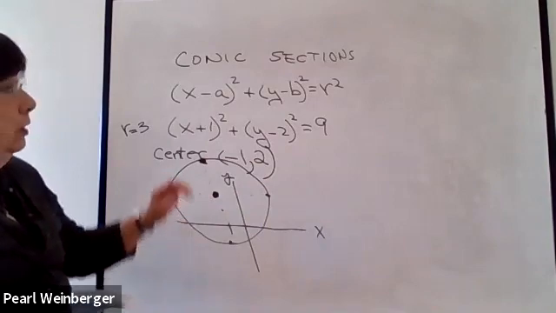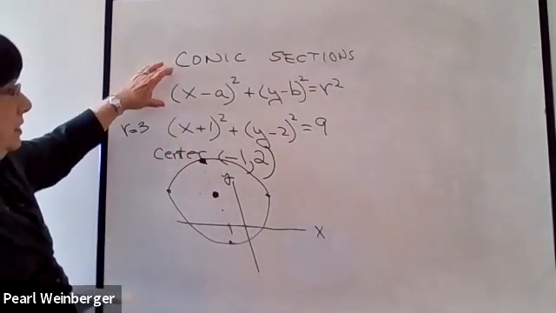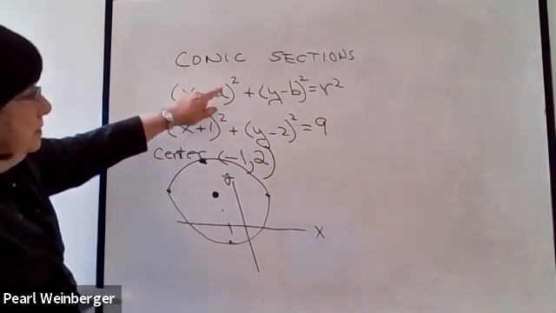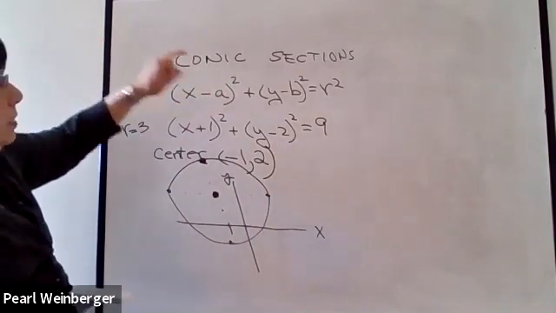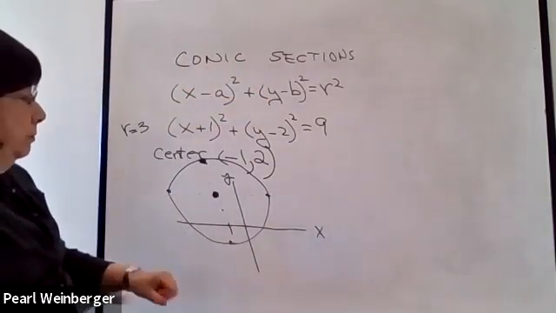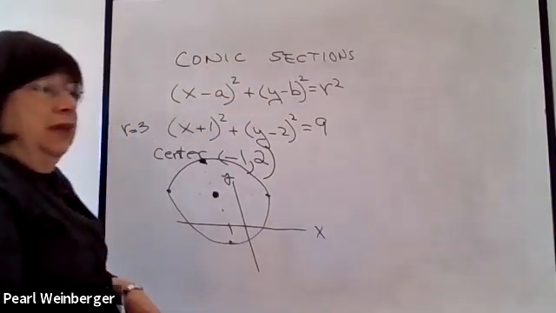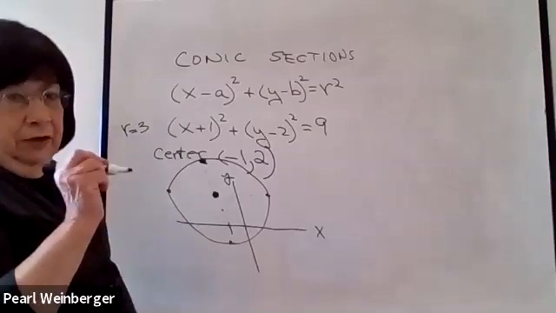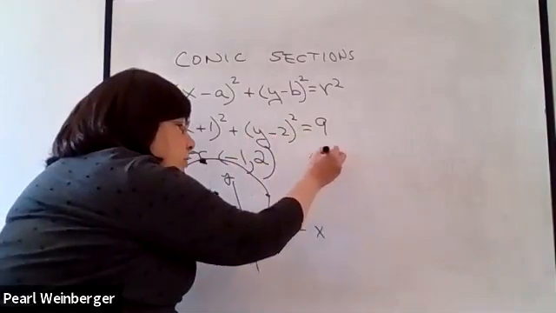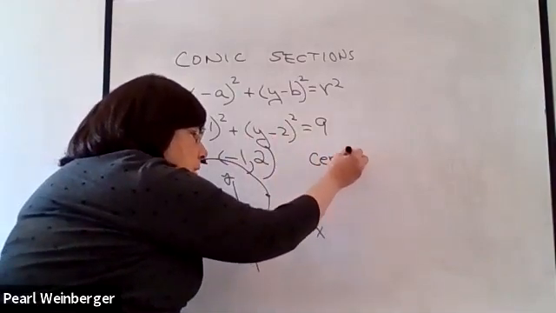Okay? So this is the standard form of a circle: (x - a)^2 + (y - b)^2 = r^2. Let's say I'm going to go backwards. Suppose I tell you that I have the center of my circle.